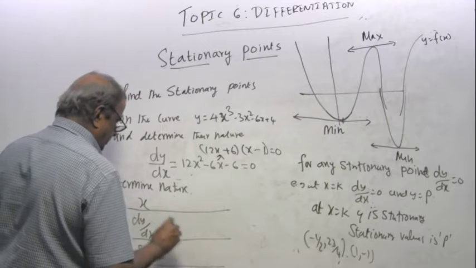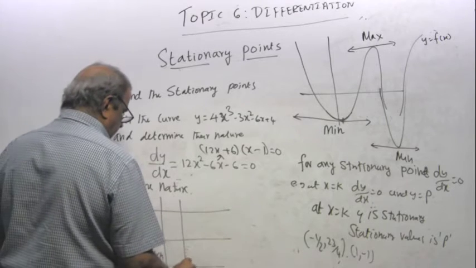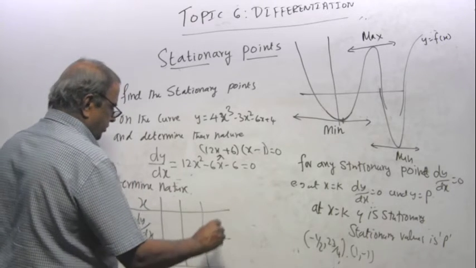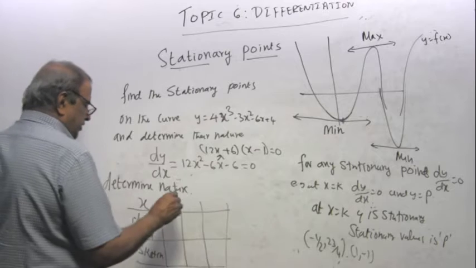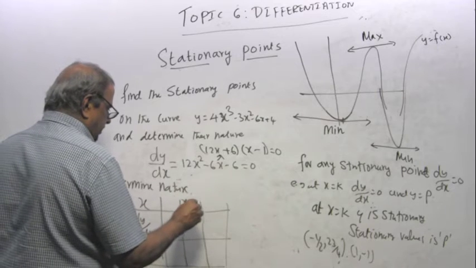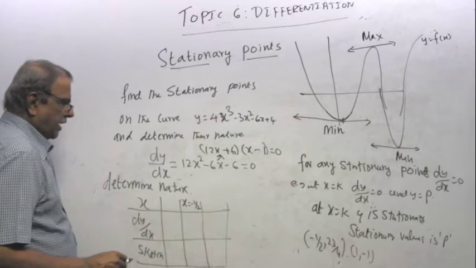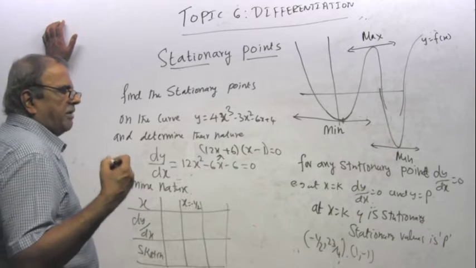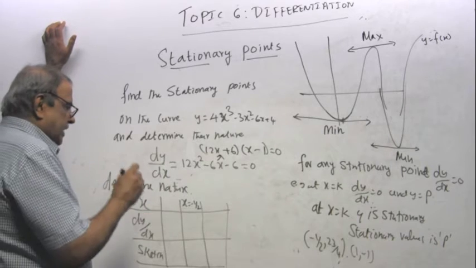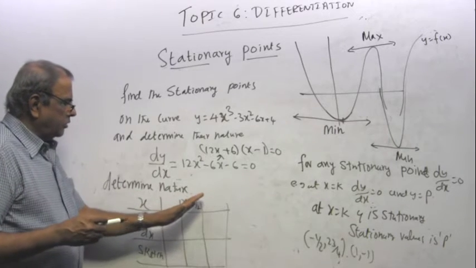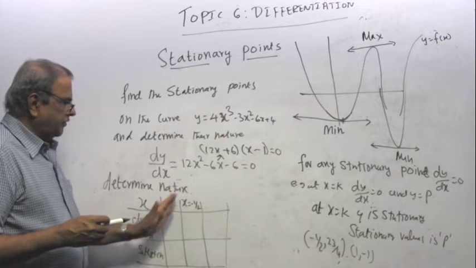I find this easier. For each one of them, make 3 columns. Put the stationary value of x in the middle. Take a value close to it on the left and on the right.